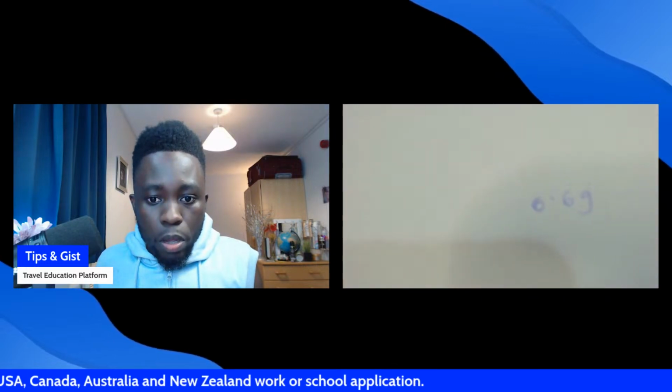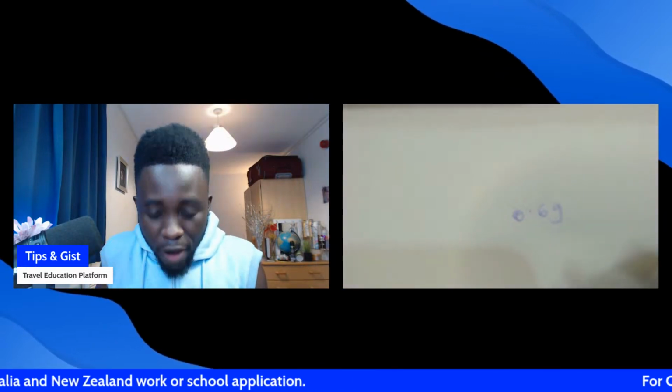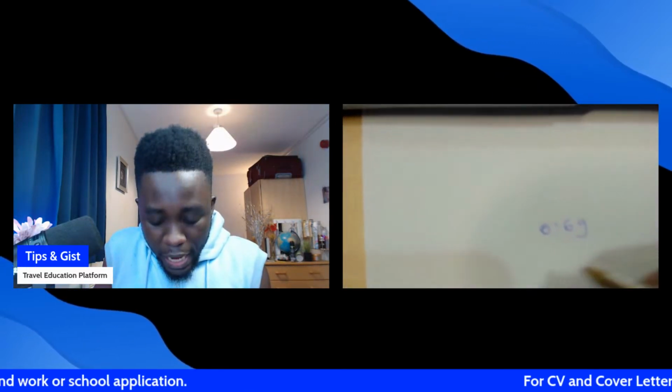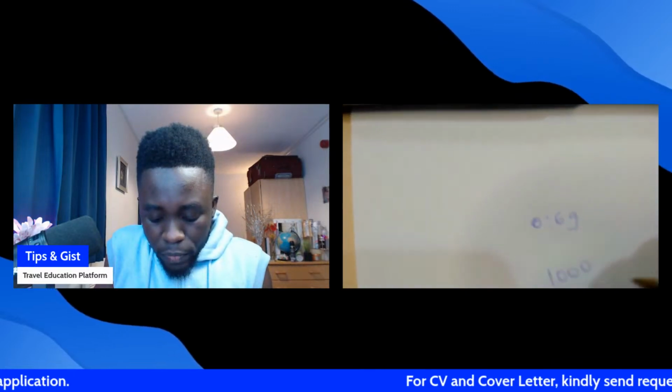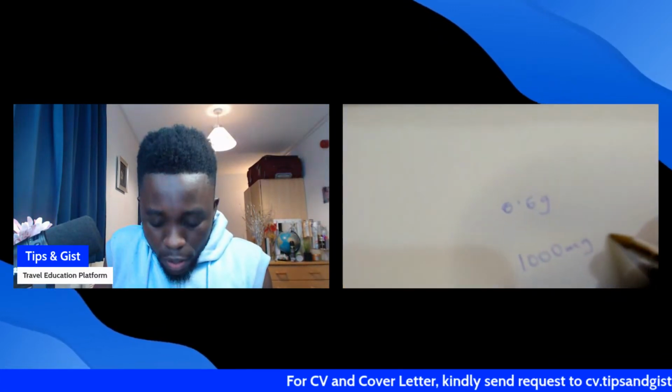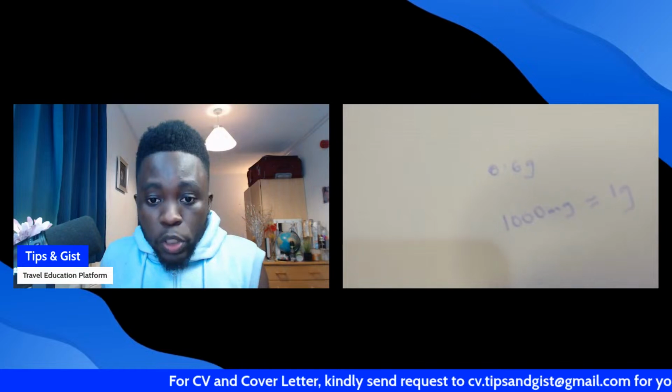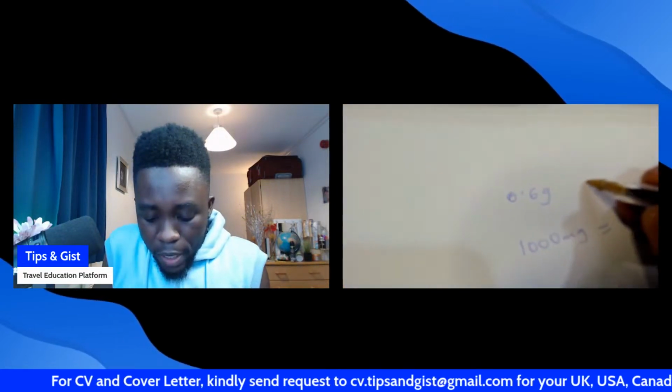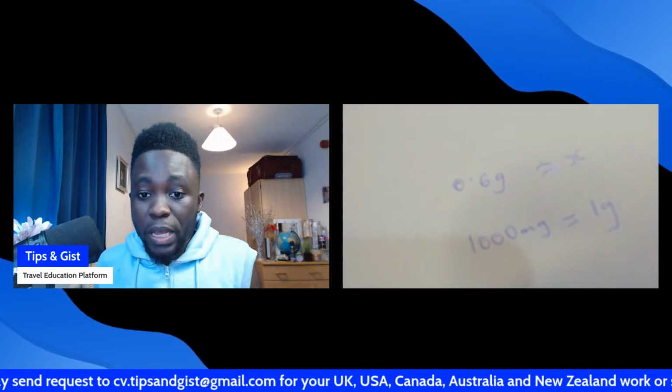All right, so you can see 0.6 grams, right, of that brufen. And now we all know that 1000 milligram equals 1 gram. So if you want to know 0.6 gram, then you have to say 0.6 equals X, right? So that is how we have been taught way back.